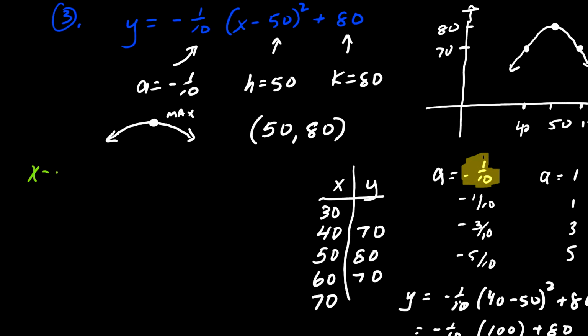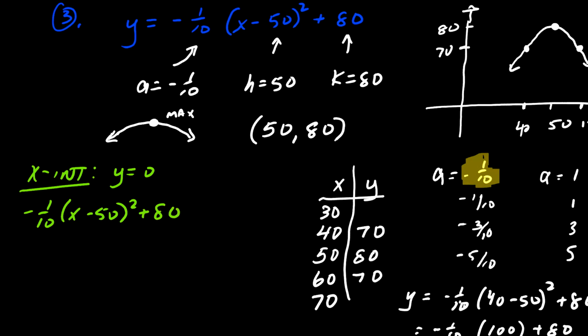For our x-intercepts, in this case, we'll set y equal to 0, remember? So we'll have negative 1/10 (x minus 50) squared plus 80 equal to 0. Again, we'll use inverse operations, so we'll subtract 80 first. Minus 80 minus 80 leaves us with negative 1/10 (x minus 50) squared equals negative 80.